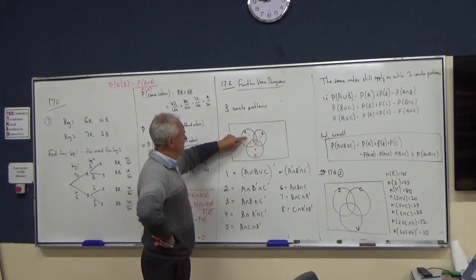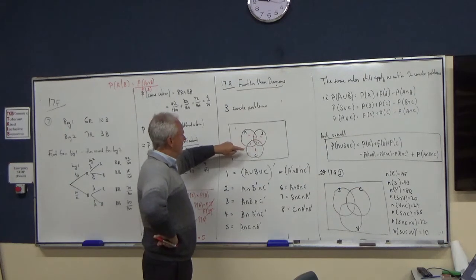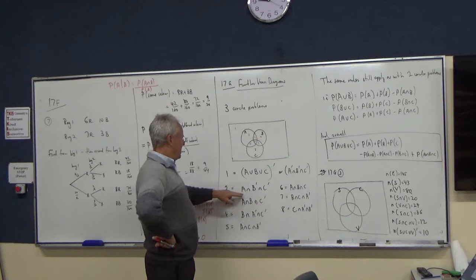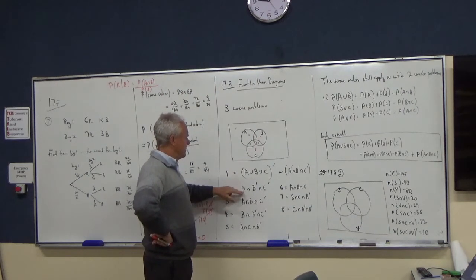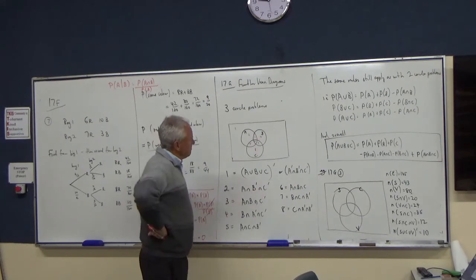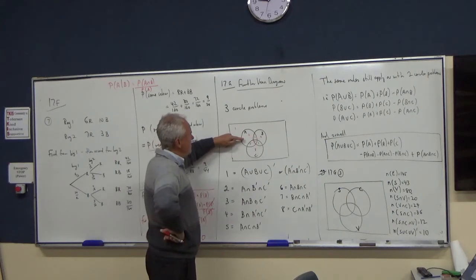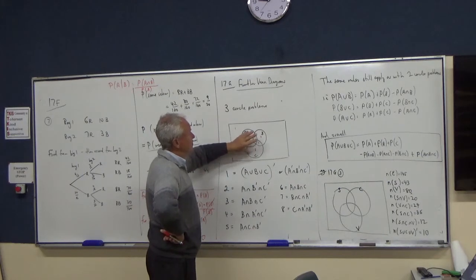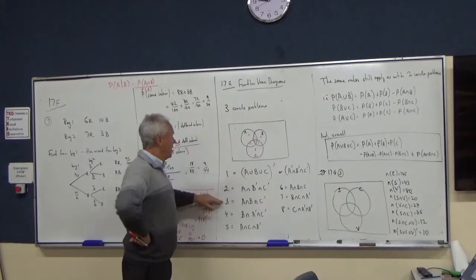Region 2, this one here, it's in A, but it's not in B or C. It's outside B and C. So I can write that as A intersection B complement intersection C complement. It's in A and it's not in B and it's not in C. I could have said it's A intersection brackets B union C complement. That would have worked as well.